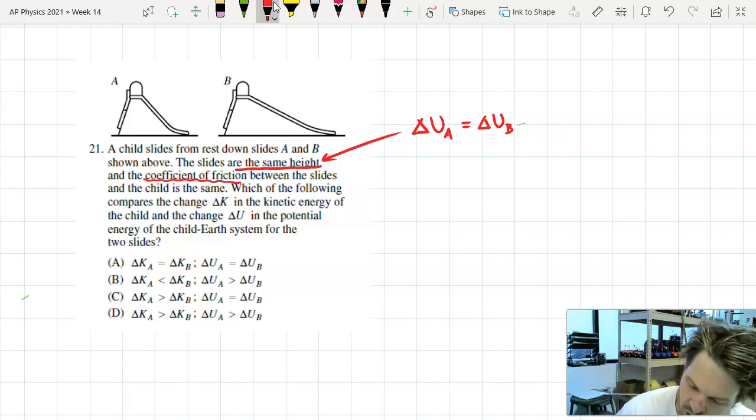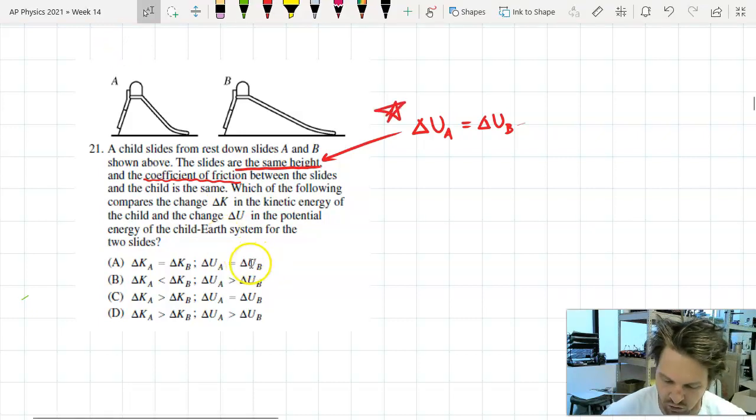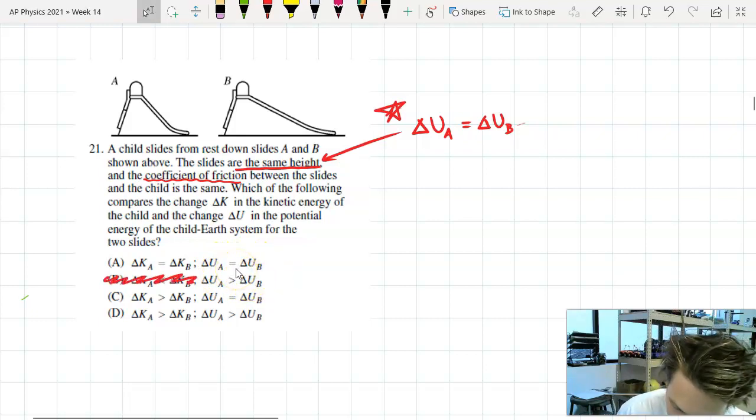So I know these have to be the same. So I can go down here and look, and anything that doesn't say they're the same is going to get crossed off. So B is out, and D right there is out.